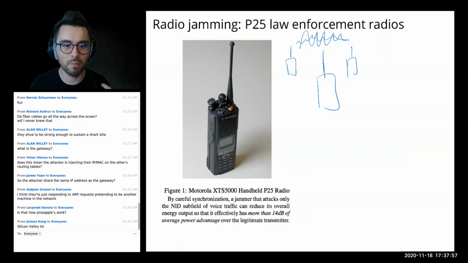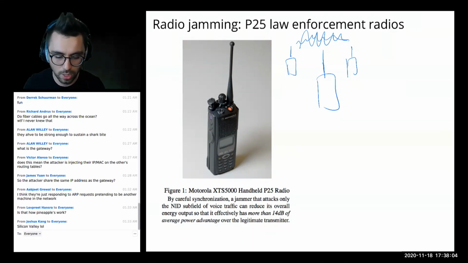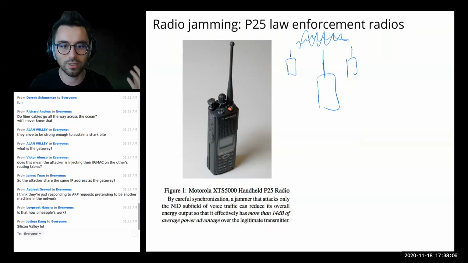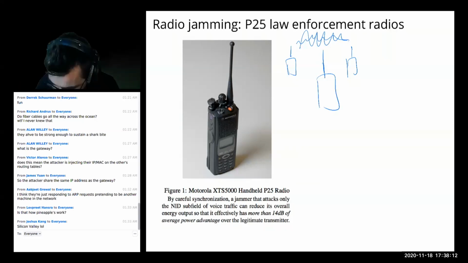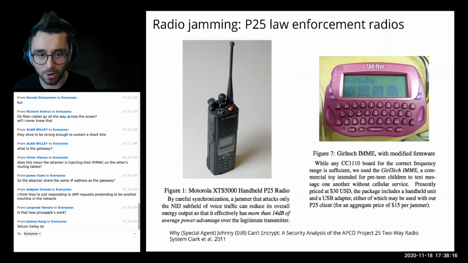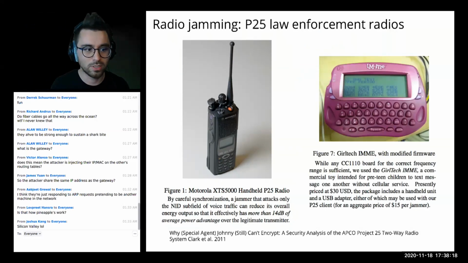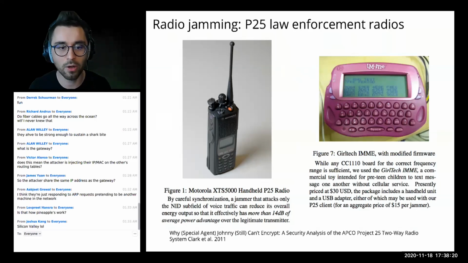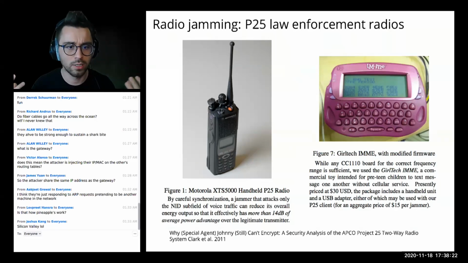So just by mucking with a few bits instead of the full signal, you're able to trick the device into thinking that you've sent a bad packet, so it doesn't decrypt it. And what that basically means is two walkie-talkies can no longer talk to each other. This sounds like a super clever attack, and it is. This is a really cool paper. But the really fun bit is they were able to carry out this attack without a giant, super powerful tower.